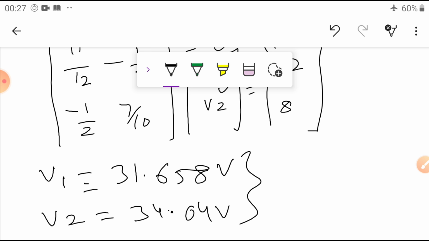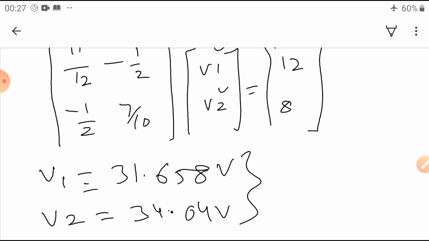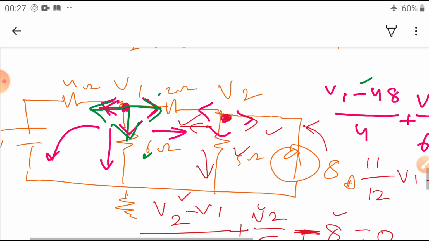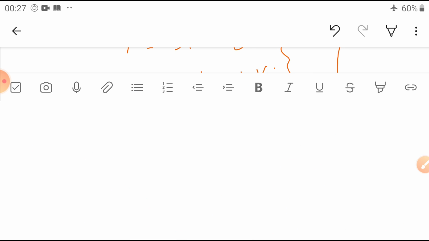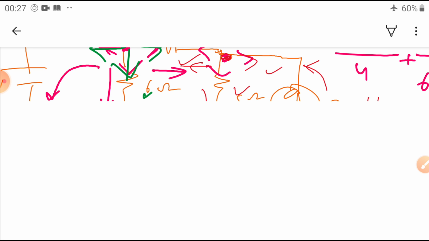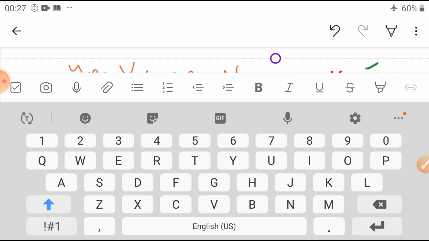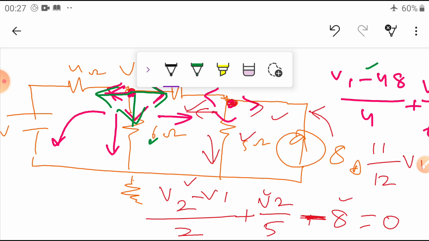So we got the two voltages. Simply substitute in the equations and write the values.